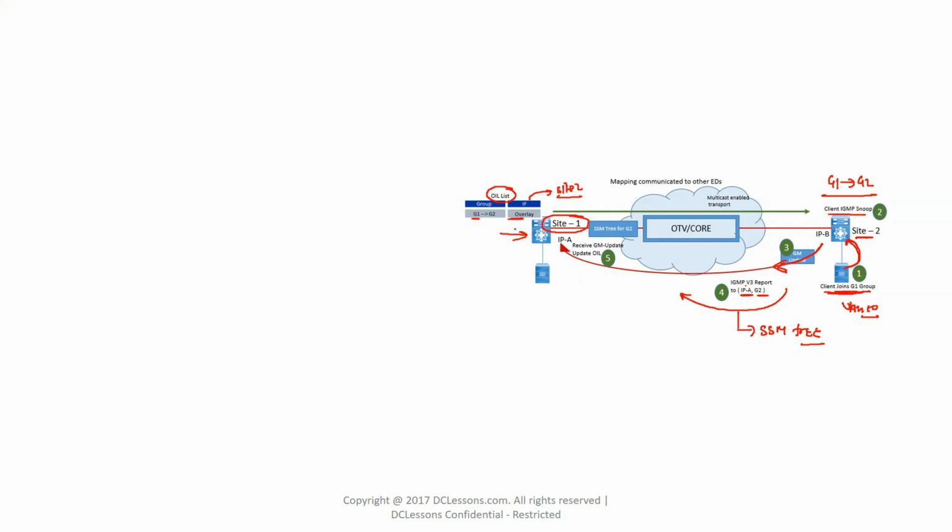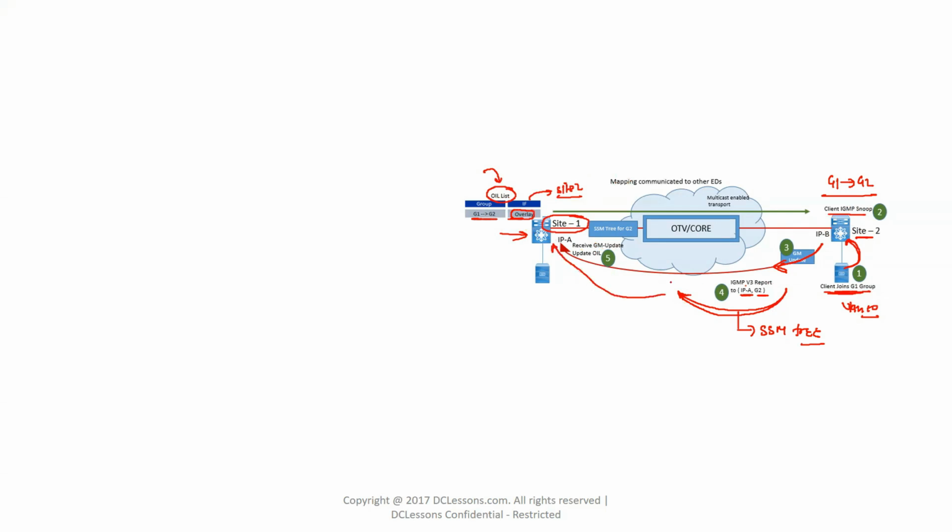Once this GM update reaches site 1, the site 1 edge device will update its OIL, saying that for group G1, where I have a mapping for G2, I have to send this traffic over the overlay interface connecting to site 2. Now, once it is done, site 2 will generate an IGMPv3 report for IP group G2 to create an SSM tree, and that report will be sent to site 1.